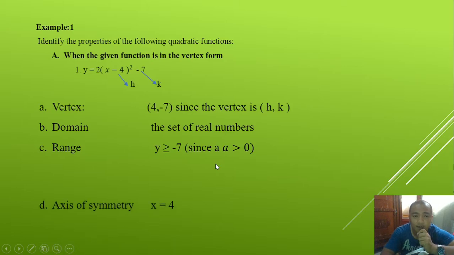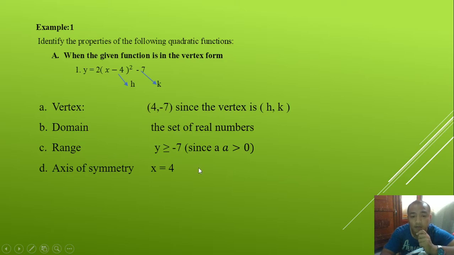Okay, can you follow? Axis of symmetry is x equals h. So that is our correction from earlier. x equals h, so x equals 4. h is 4. Okay? Not x equals k. The parabola opens upward since a, which is 2, is positive.